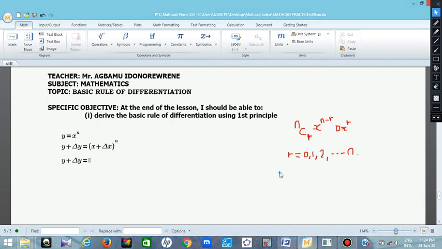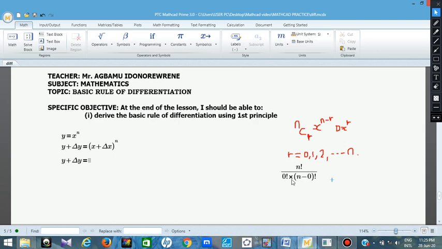So this will give us n factorial divided by 0 factorial, then multiplied by n minus 0 factorial. So this is what you are going to get in the first step of the expansion, which is the value of x, that is n combination 0.